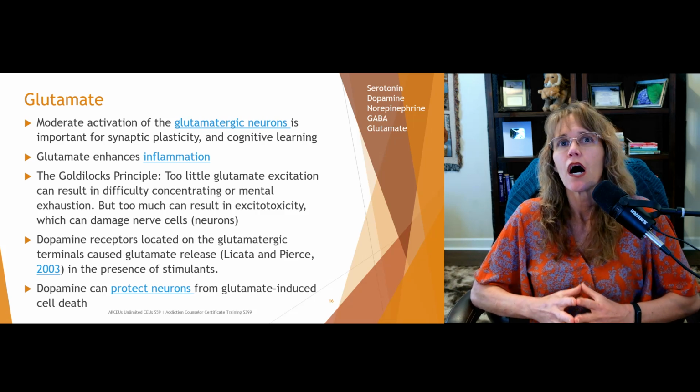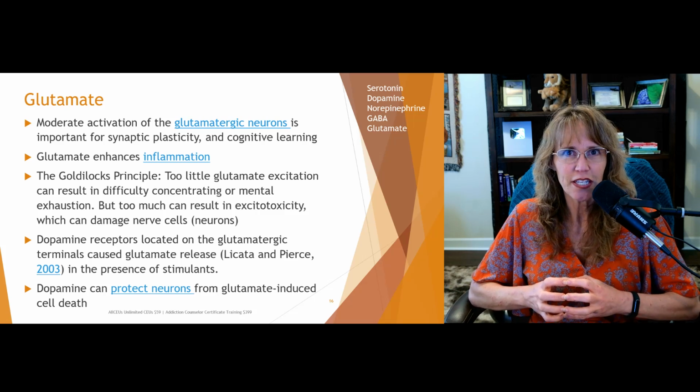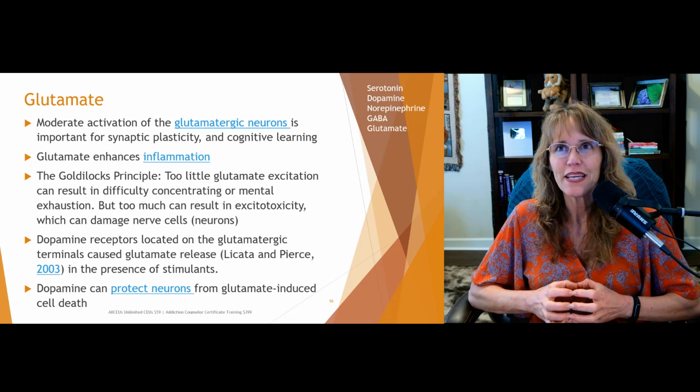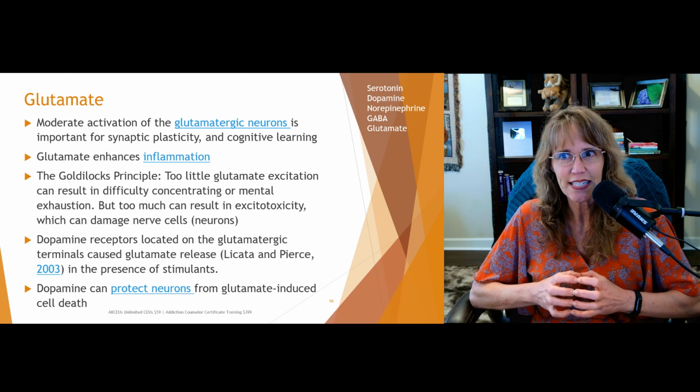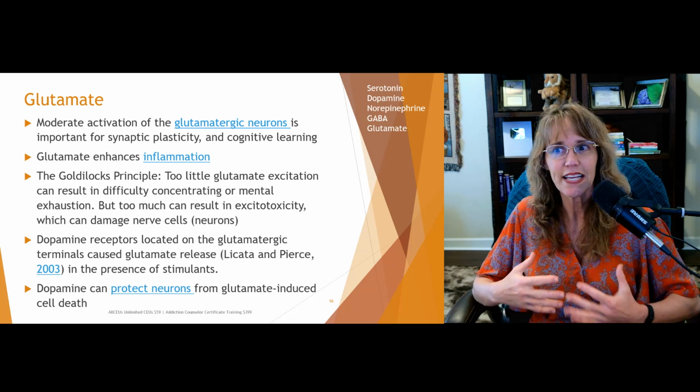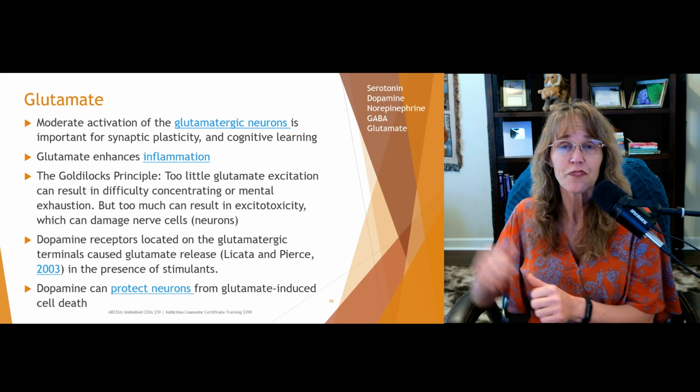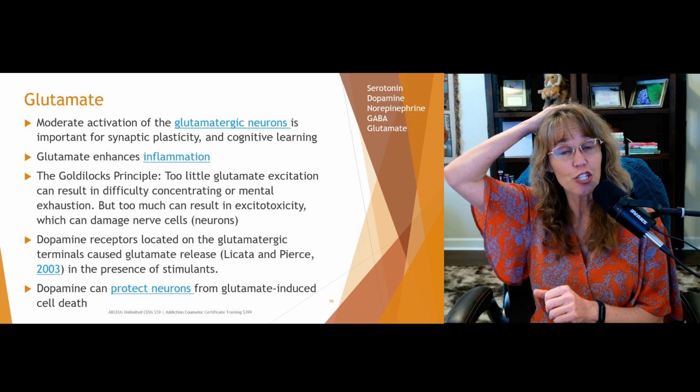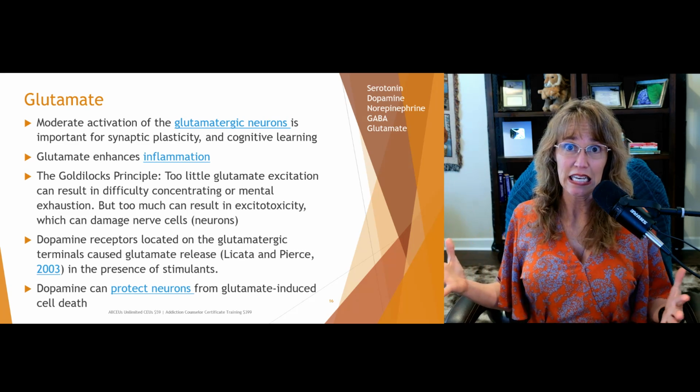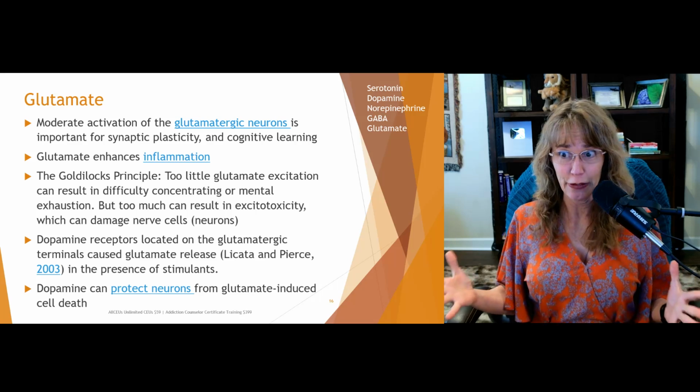Good. Unbridled inflammation, not so good, because that creates an imbalance in everything else. Too much inflammation triggers the HPA axis, the stress response, because your body's like, oh, we're falling apart here. What are we going to do?